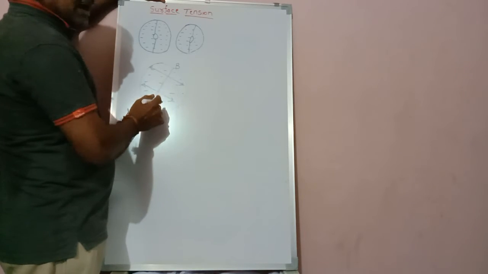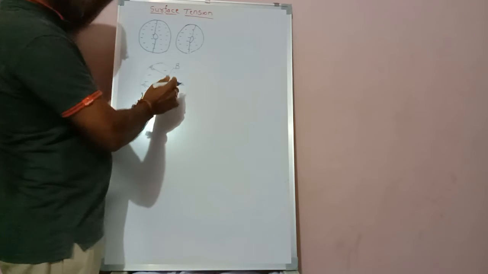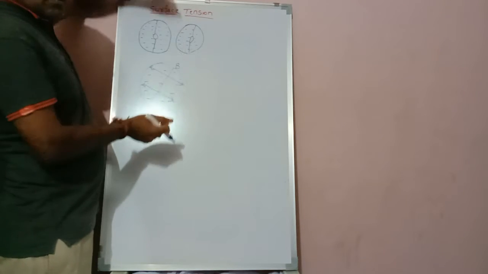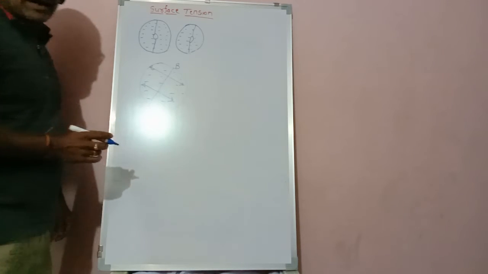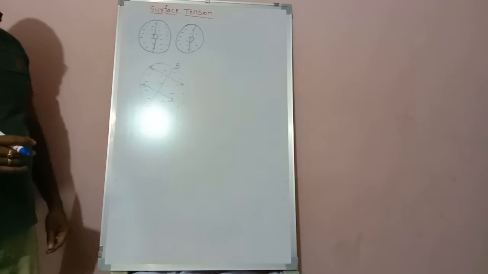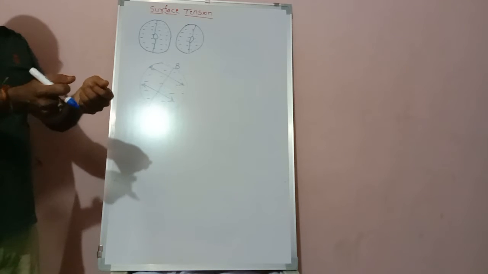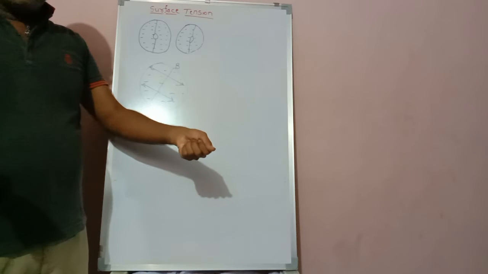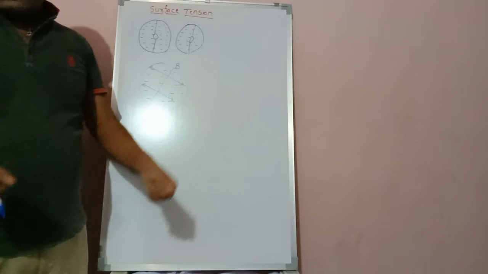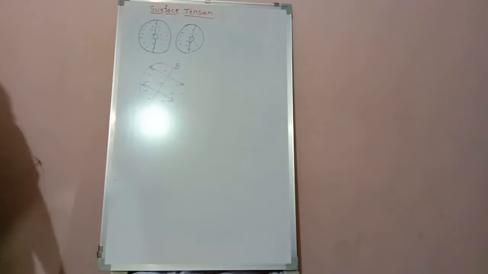So like that, there is stretching on the two sides. That is stretched like a membrane, just like when a plastic paper is taken and stretched. So that is called a stretched membrane.